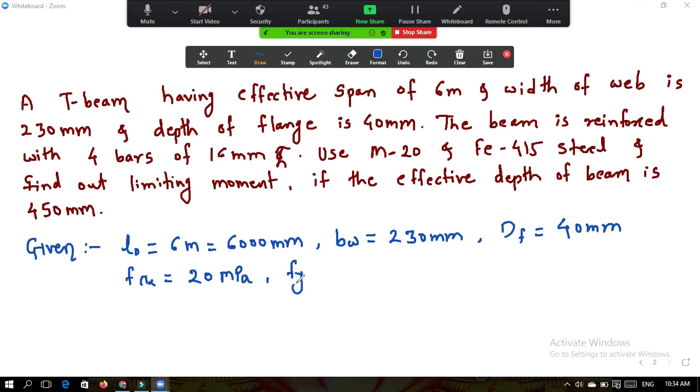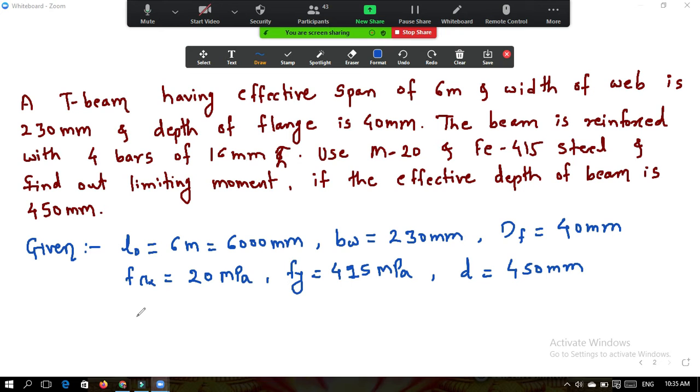FY, so the value of Fy is 415 Newton per mm square. Then effective depth, small d is directly given to you, 450 mm. Okay.